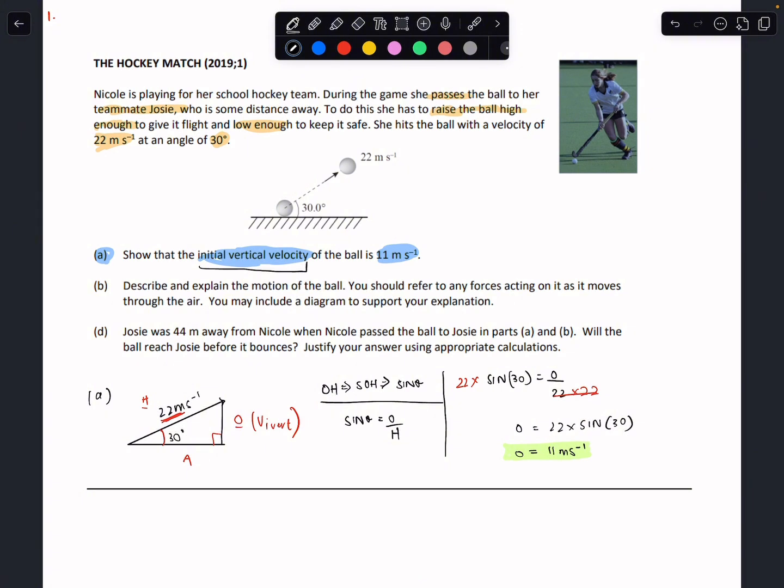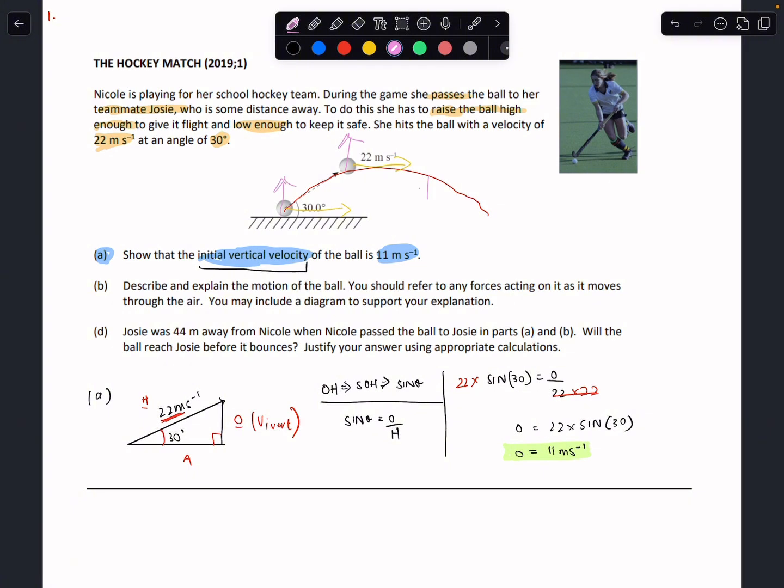So in terms of the motion, we know that this projectile motion is split up into two components, okay? Those two components are our horizontal components and also our vertical components.